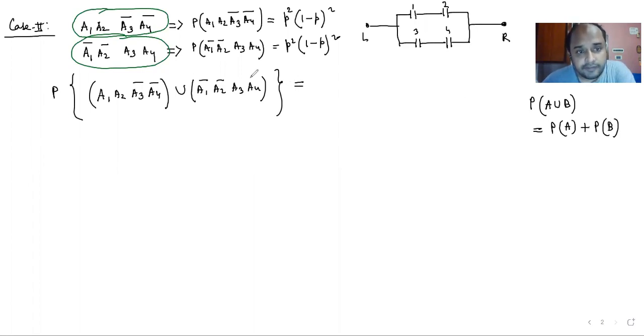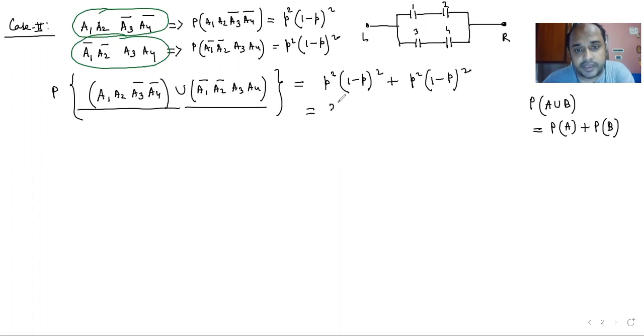So we add the two: P squared into (1 minus P) whole squared plus P squared into (1 minus P) whole squared. This implies 2P squared into (1 minus P) whole squared. This is your number 2.